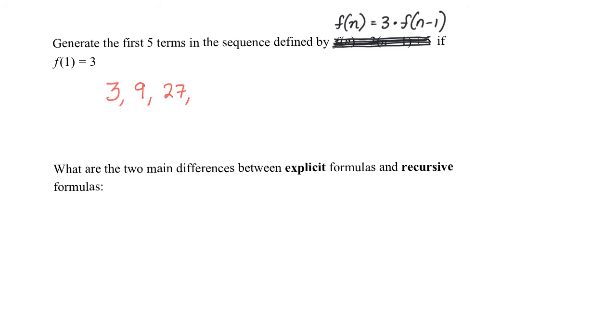To get the fourth term, I do 3 times the third term. I need to get my calculator here. I don't know 27 times 3 off the top of my head. So that's 81. And in order to get the fifth term, I take the fourth term and multiply by 3. That's 243. So that would be the first 5 terms in this sequence.